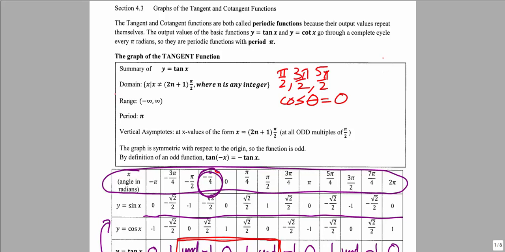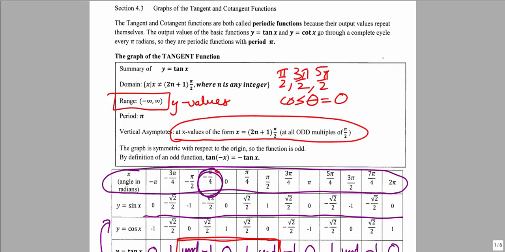The range of tangent is all real numbers, so we go all the way up and all the way down for the y values. The period of our function is pi, so every pi units it gets repeated. The vertical asymptotes, all of the x values that go into the function that yield undefined values, occur at those odd multiples of pi over 2.